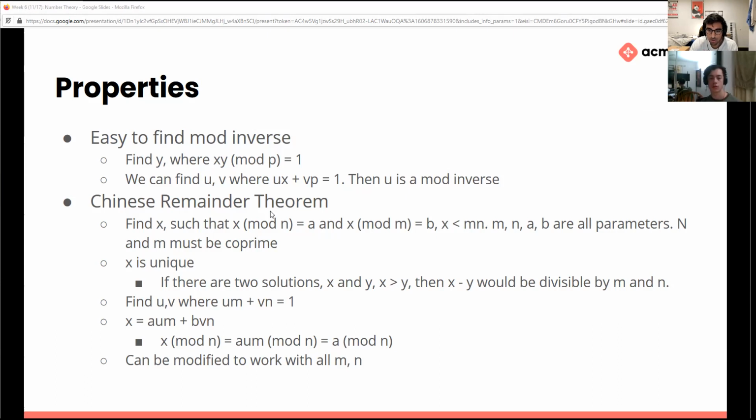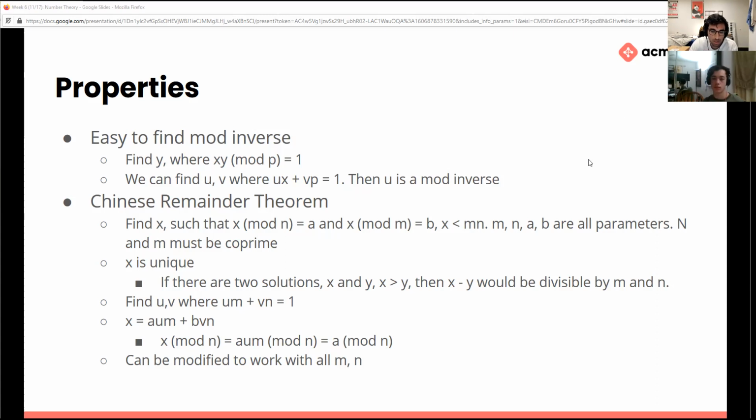We want to find a number x such that when we take x mod n, we get a, and x mod m, we get b. There are some restrictions here: m and n have to be co-prime, and a has to be less than n and b has to be less than m. If you're given this, then we can find a unique solution.